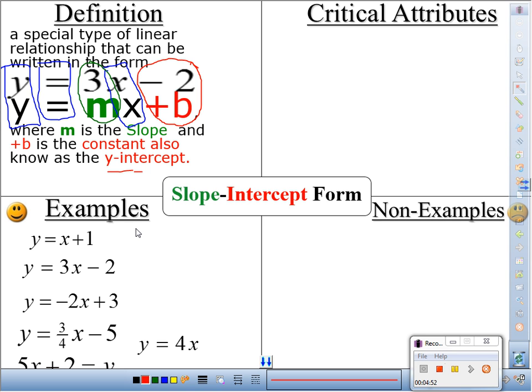Fairly simple? Yeah, right? So with that said, look at this equation down here. What would be our slope and what would be our y-intercept? Talk it over with your neighbor.